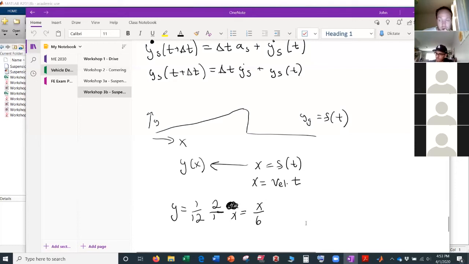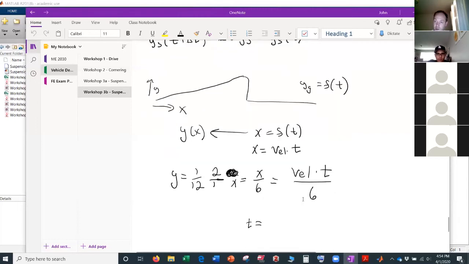So if I want y as a function of time, sorry, I'm just thinking about this stuff as we go. That'll equal our velocity times time over 6. Okay, that looks good. And we only want it for 1 foot, because we want it to drop off, right?